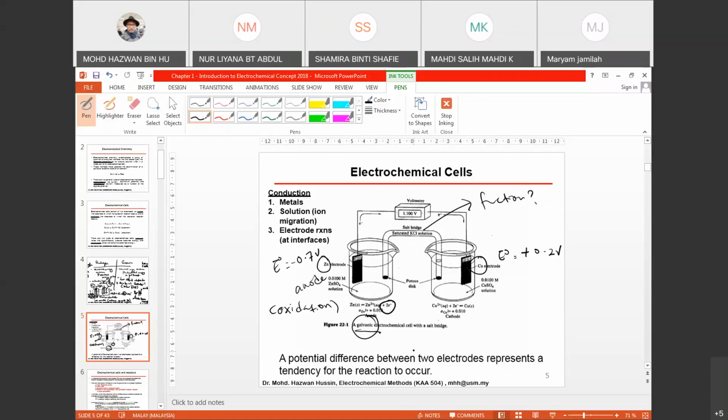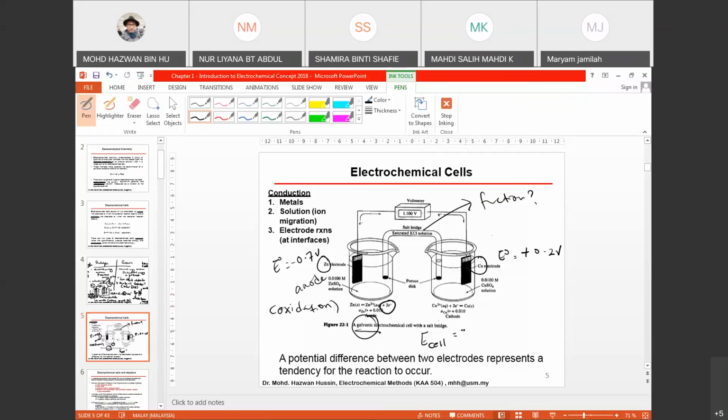So the potential difference between the two electrodes represents the tendency of the reaction to occur. So the cell potential, E cell, is how you can calculate the overall potential values.